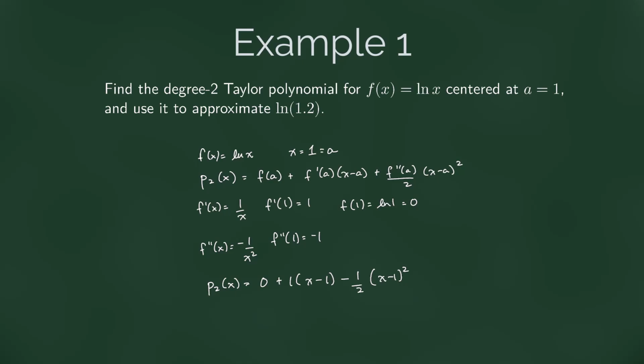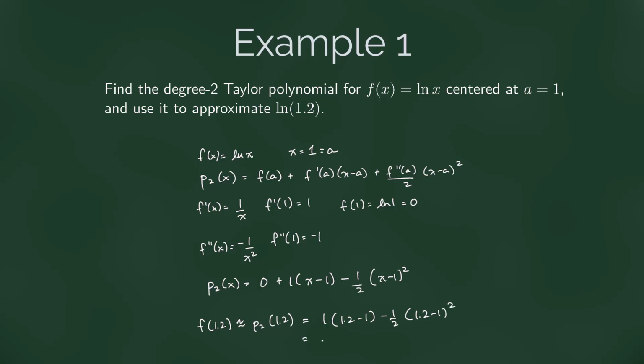And now we're going to use that to approximate the natural log of 1.2. So we want to estimate f of 1.2, and we know that's approximately the same as p2 of 1.2, which is going to be 1 times 1.2 minus 1, minus 1/2 times 1.2 minus 1 squared.